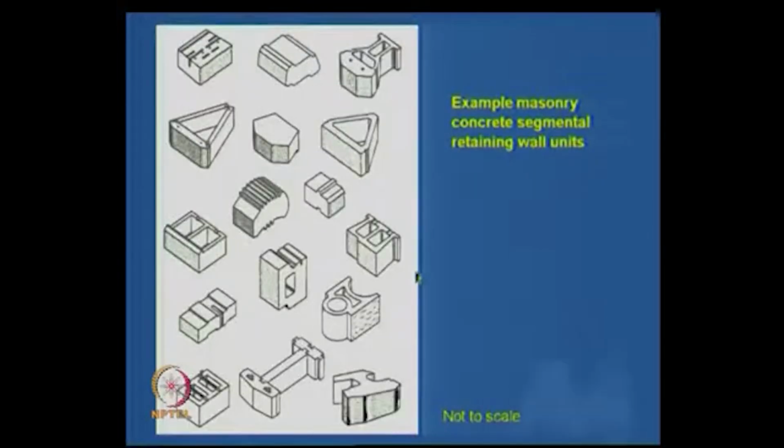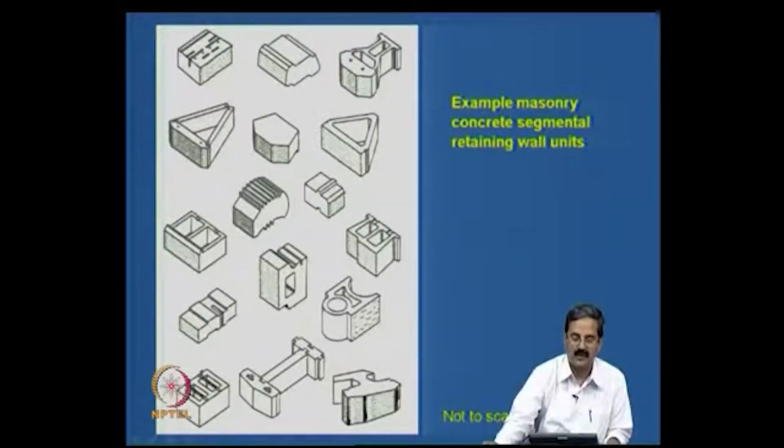Before I go further, I want to illustrate a few more points here. As I said, facing can be anything. People have tried different facing blocks, because these are very simple, one can carry them by hand.